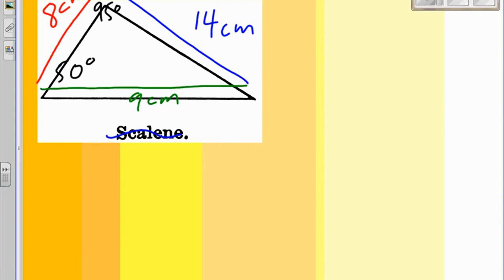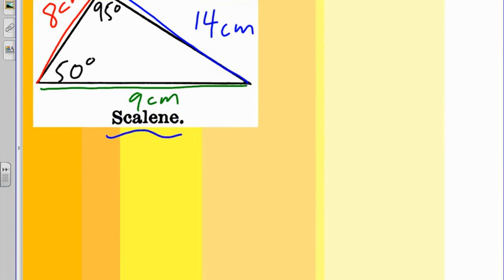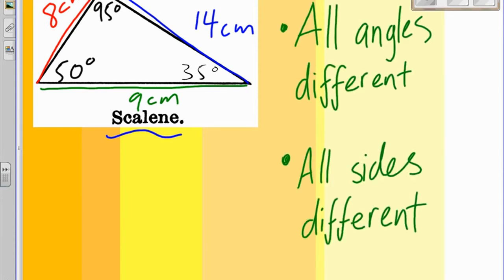Let's just stop it. Let's start again. This angle on the side here is 35 degrees. There it is. Look, nothing is the same. All angles are different. All sides are different. And that's why we call him the scalene triangle.